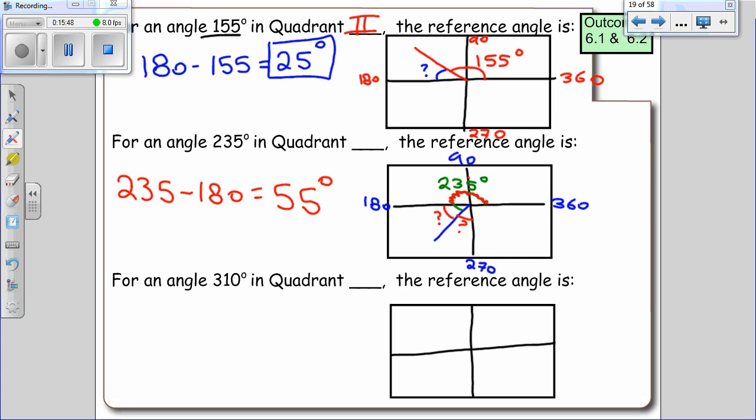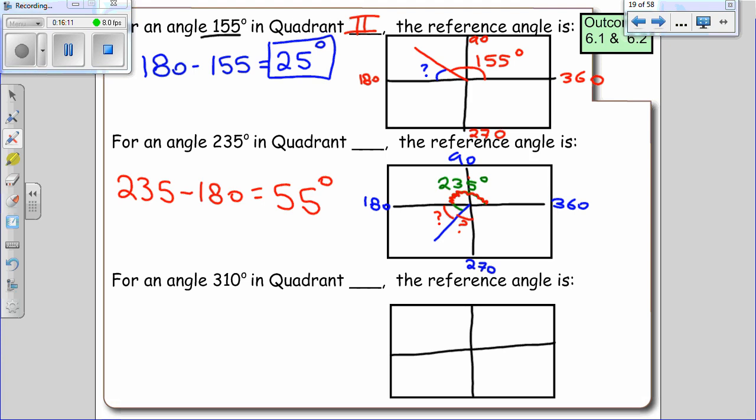So make sure you're actually picturing what you're subtracting and adding. This one would be 235 minus 180. So all the way to the third quadrant, subtract off the top half, leaves you with the reference. Try number 3 all on your own. Draw it, label which quadrant it's in, and calculate it.